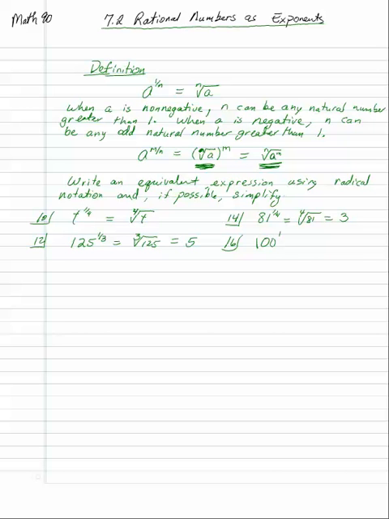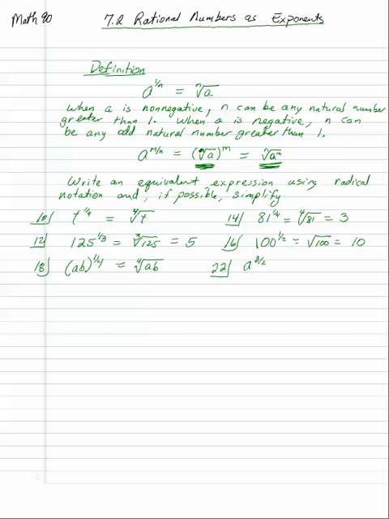Okay, 100 to the 1/2 power, same thing as square root of 100, and then 100 is the same thing as 10 times 10, so 10 comes out. Okay, ab to the 1/4 in parentheses, so that's the whole thing that's under this radical sign, and remember the denominator is your index.